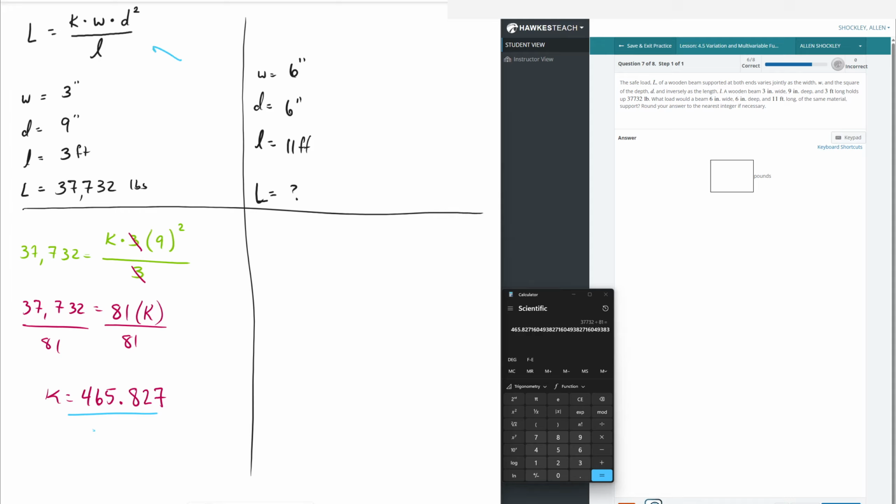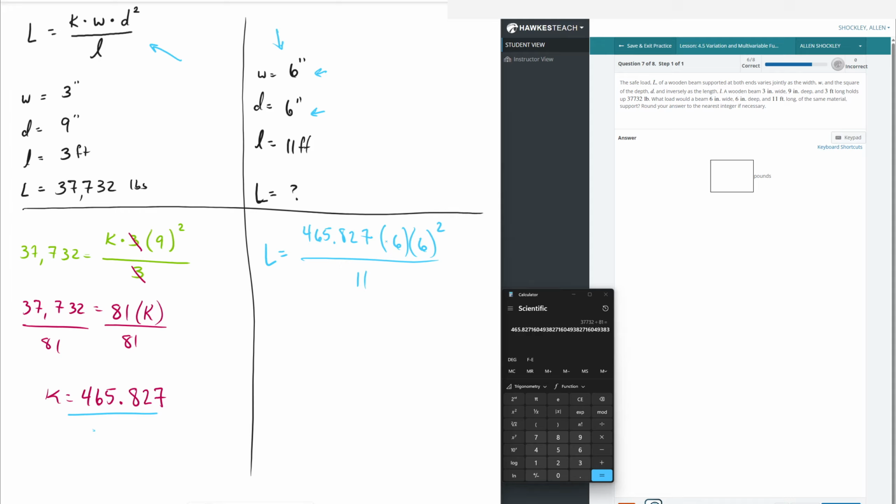Run this again, but with new numbers. L we do not know, K we do know. 465.827 times 6 times 6 squared, divided by 11.